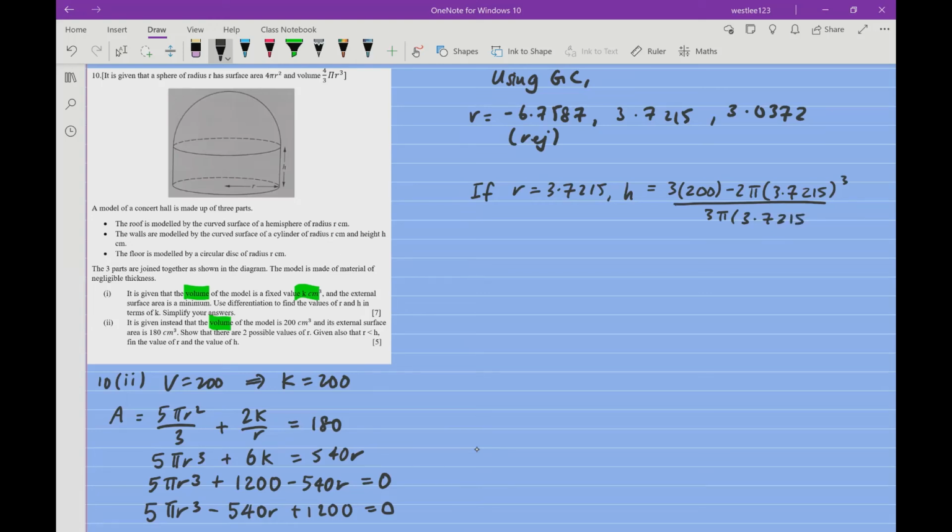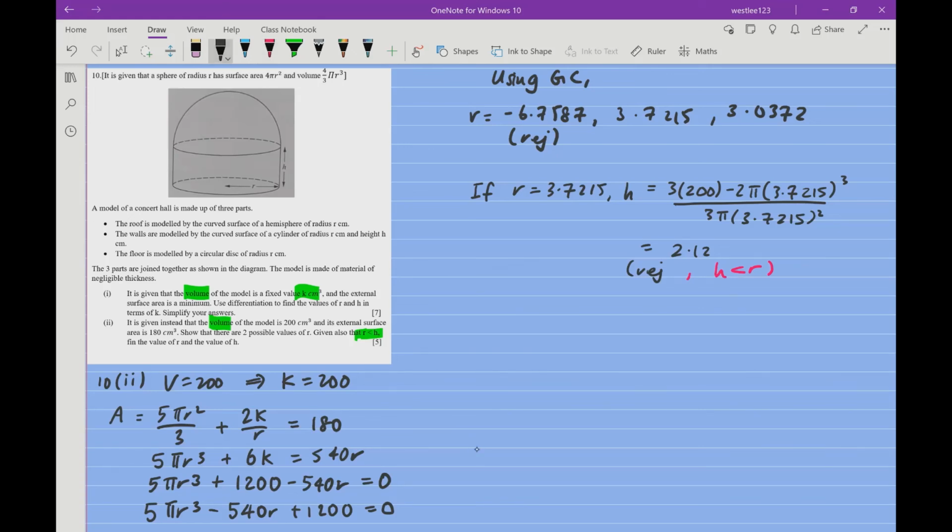If you key this into the calculator, you will get 2.12, which we will reject because the question tells us that the radius is shorter than the height. But in this case, my height is actually shorter than my radius, which is contrary to what the question is saying. So we will reject this answer.